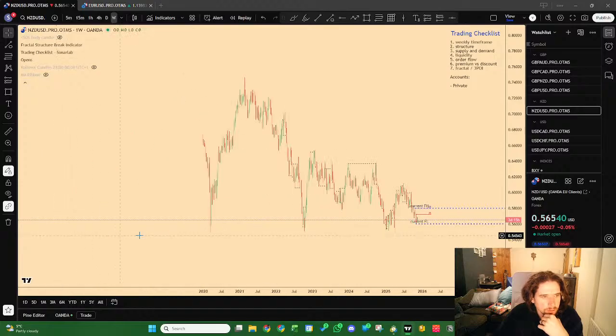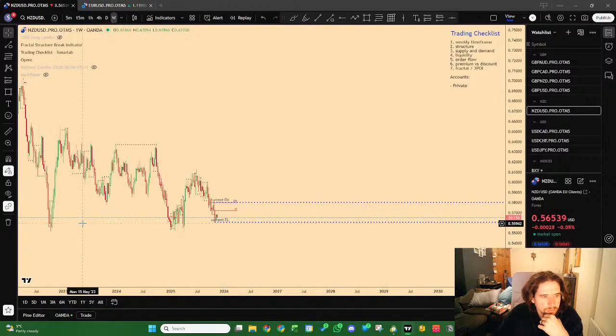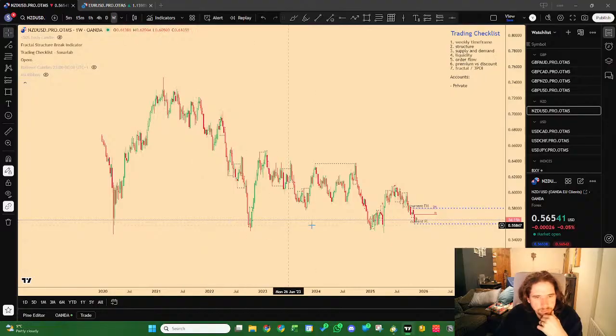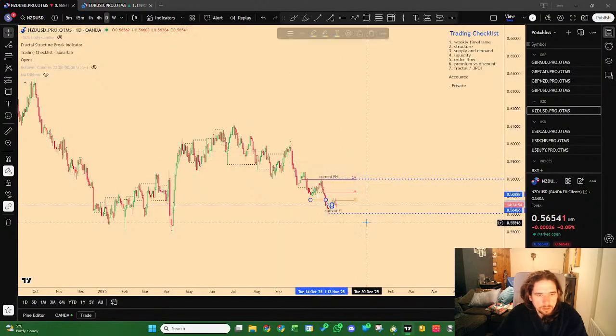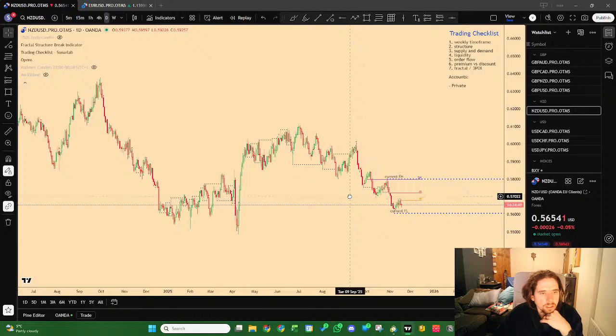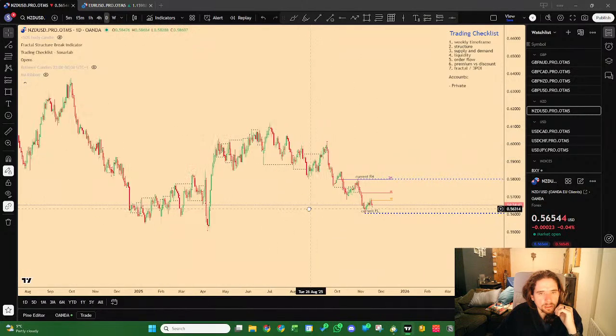I mean, yeah, we've sort of never got past it. So yeah, on the daily, I'd say we're bearish on the daily. We didn't break anything really. We're going back down.